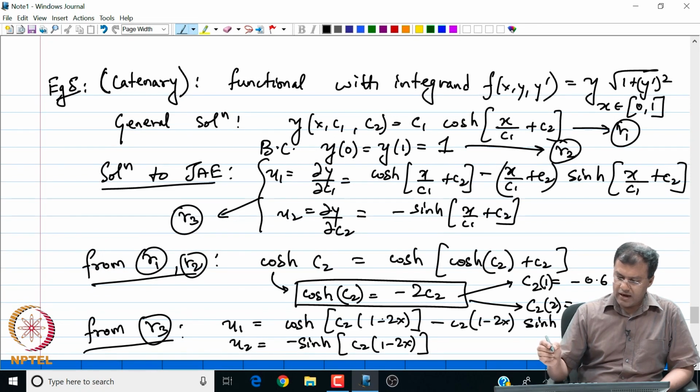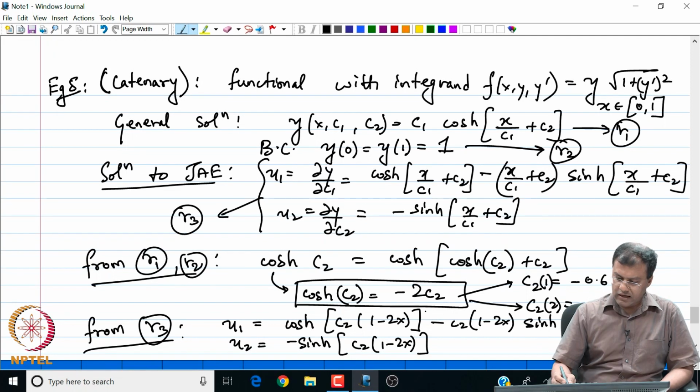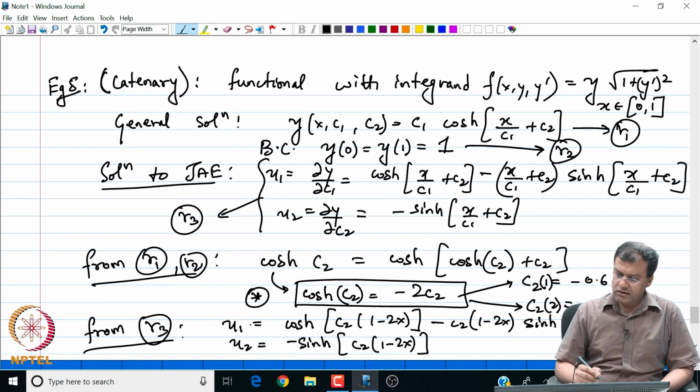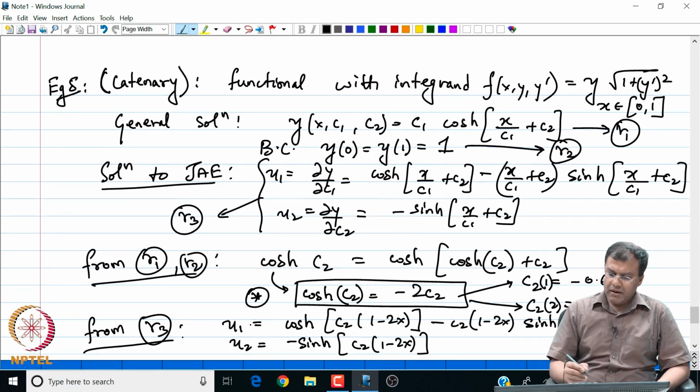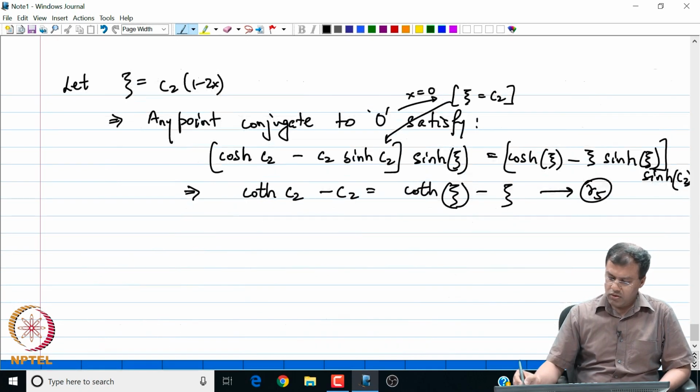So, I also need to mention the following: using this condition R, let me call this condition star. So, using star and my boundary condition R2, I can see the relation between C1 and C2.